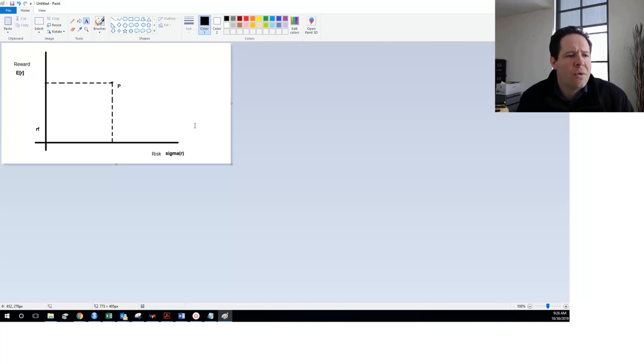Okay, with that in mind, we're thinking about this trade-off in the context of two assets. One asset is a risky asset. We're going to call it P. It's got an expected return, illustrated here, and a positive standard deviation, which indicates there's a positive amount of risk. There's a chance that you could lose money and actually earn substantially less than the expected return.